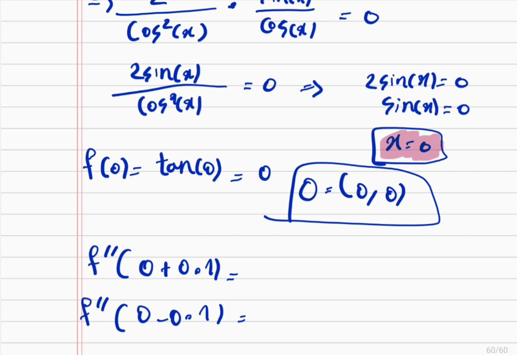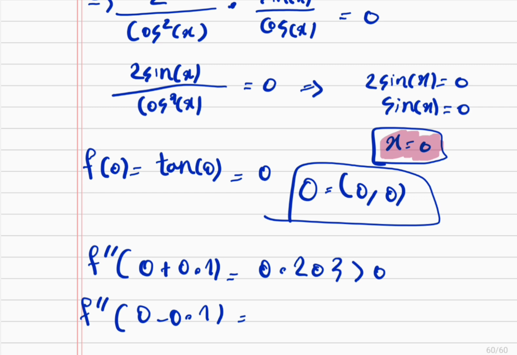Okay, now it's a matter of substituting this and finding the values. So I'm going to use a calculator. For f double dash of 0.1, we get 0.203 to 3 decimal places, and this is positive, obviously. So we want the second one to be negative in order for it to be a point of inflection.